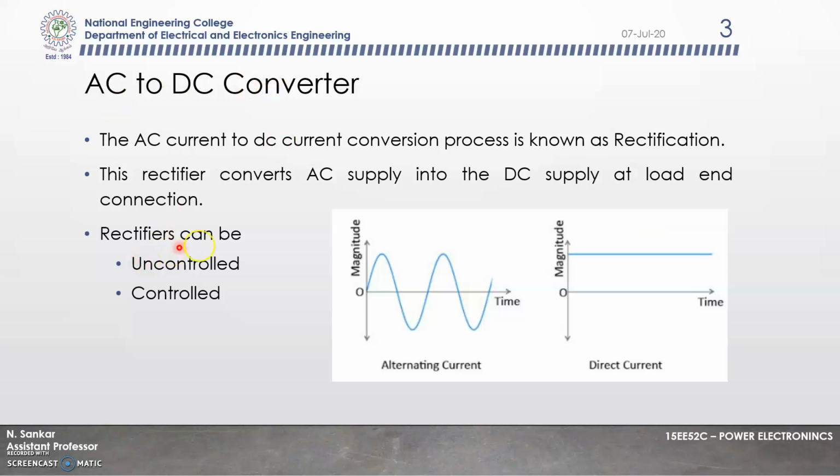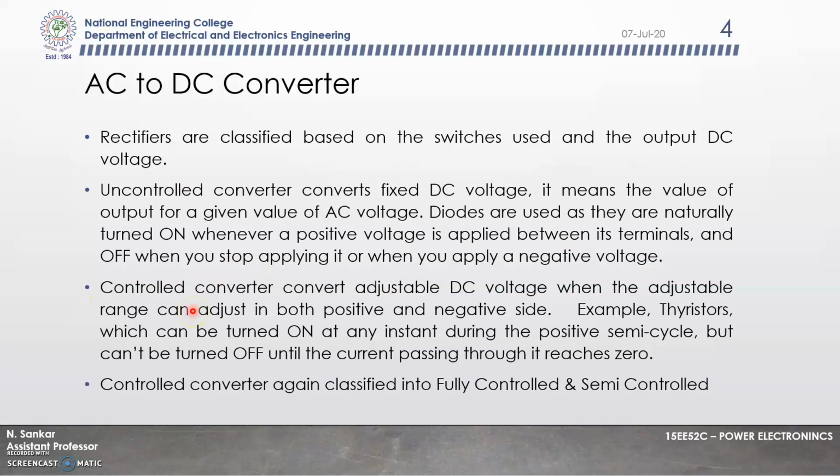If we take rectifiers, they are of two types: the first is uncontrolled and the second is controlled. How do we classify whether it is uncontrolled or controlled?